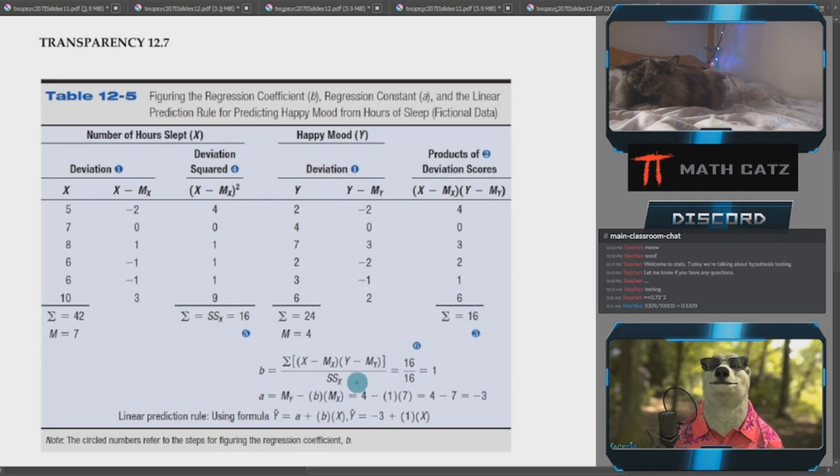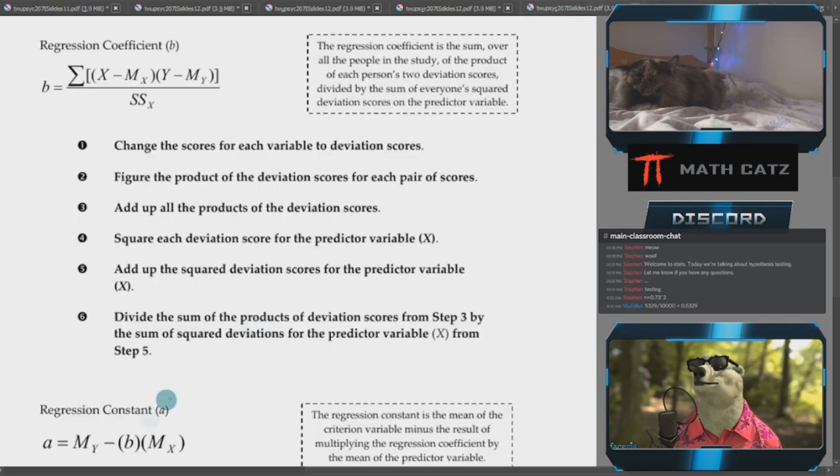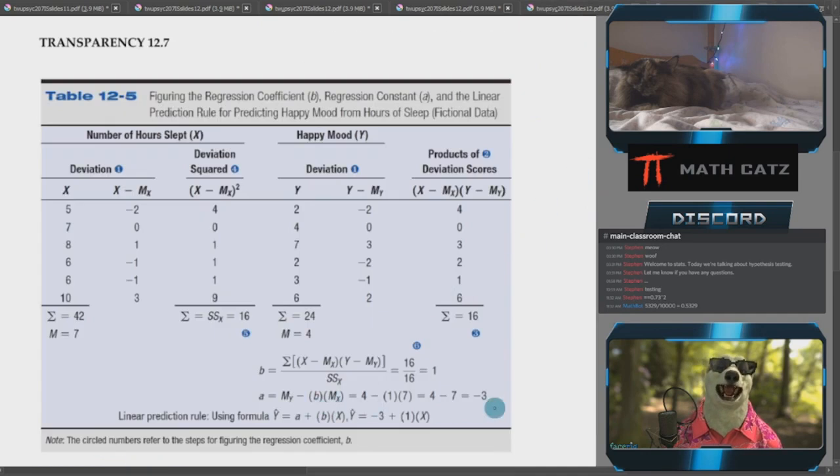And then I plug that into my formula to get a b of 1. Then I calculate a with the formula shown here. Much simpler to get the corresponding value of a, and in this case it's -3. So the best line is -3 plus 1 times X.